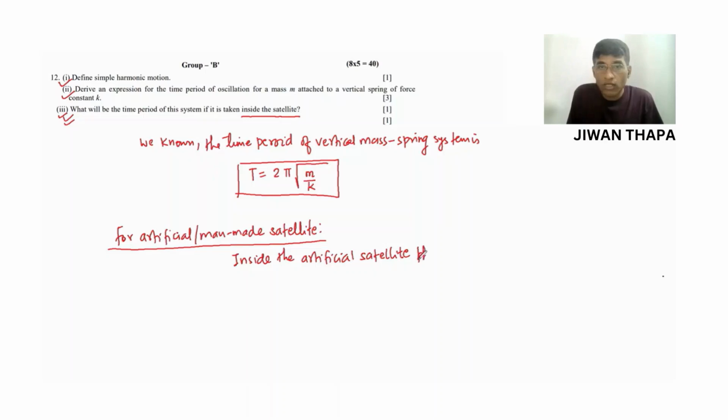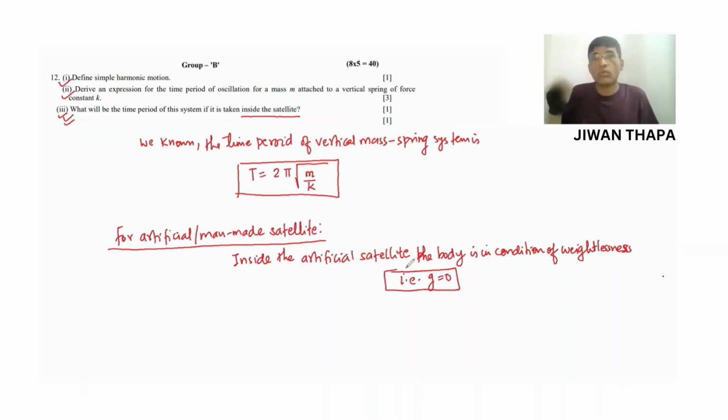The body is in condition of weightlessness, that is g equals 0. So we find this inside the man-made or artificial satellite.